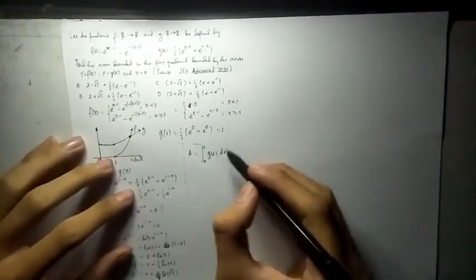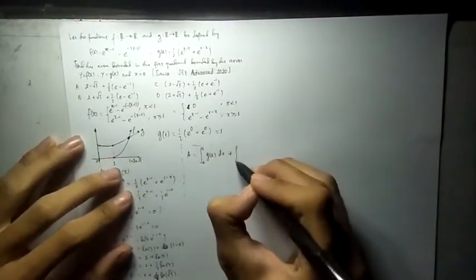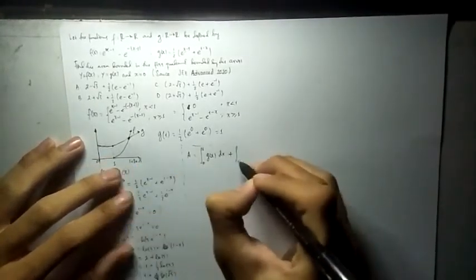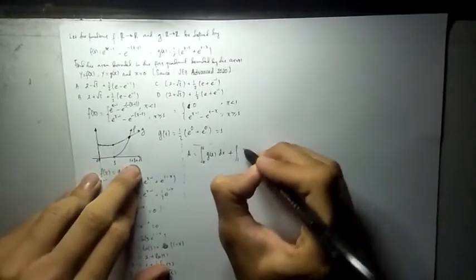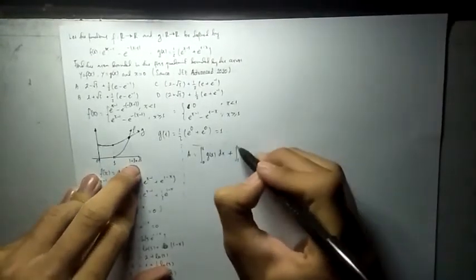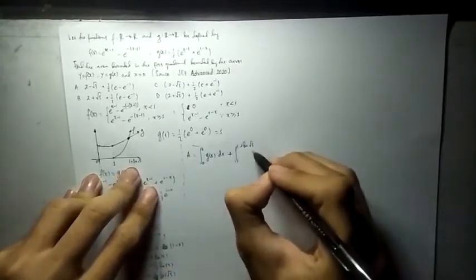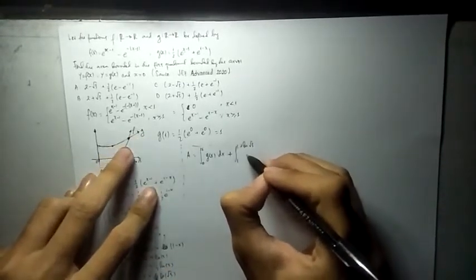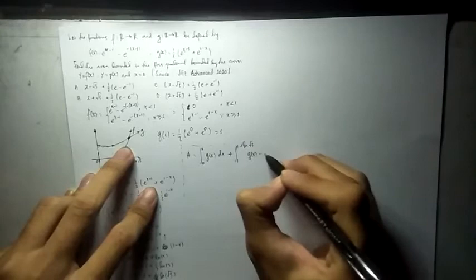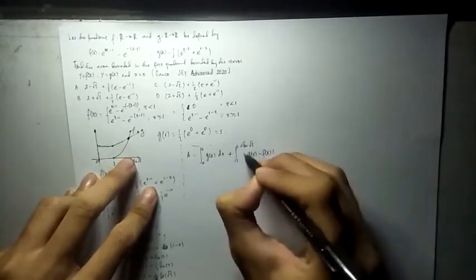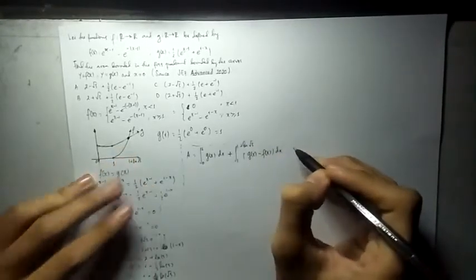So now, from 1 to 1 plus natural log of root 3, it's g minus f. So the integral of g(x) minus f(x) dx.